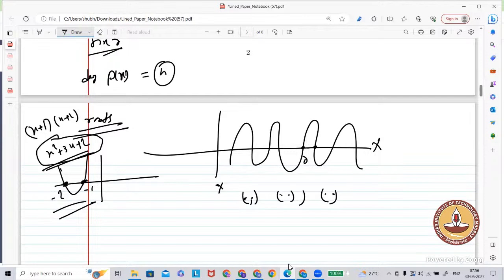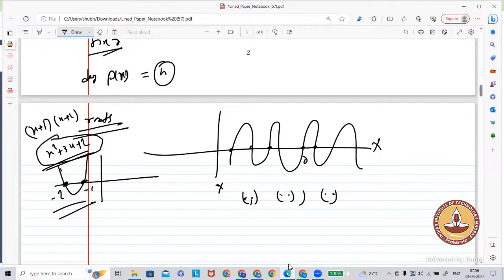In a polynomial we also have slope, but we'll study it in the calculus portion, because the slope of a function is a broader definition. We'll see it in the calculus portion. So that's the meaning of roots.